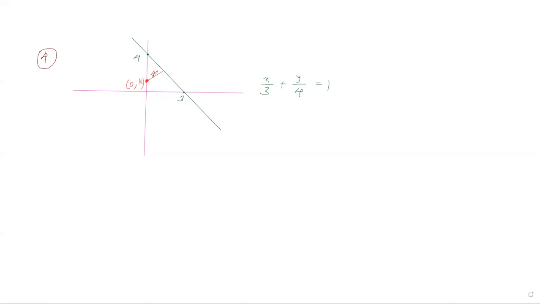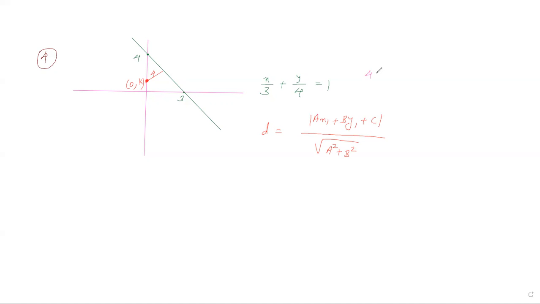The distance is given as 4. So what is the distance formula? The distance of a point from a line is the modulus of ax1 plus by1 plus c, divided by the square root of a square plus b square. So we first write the line in that form.